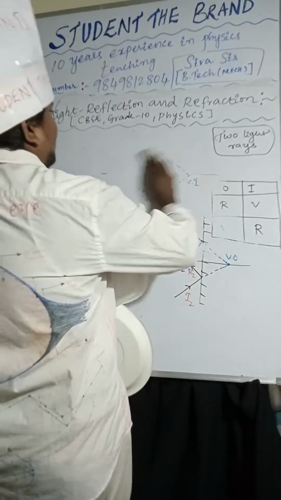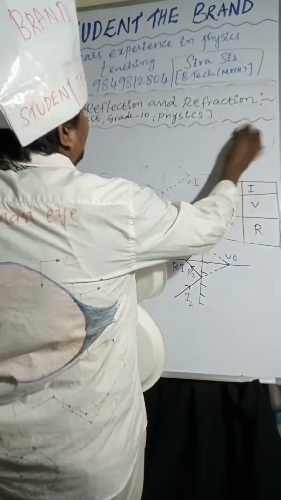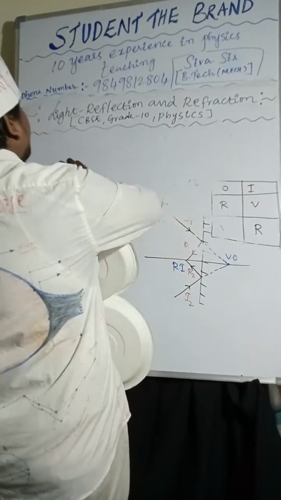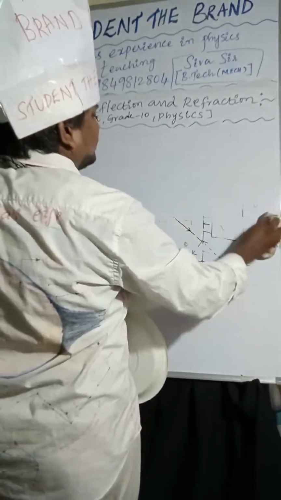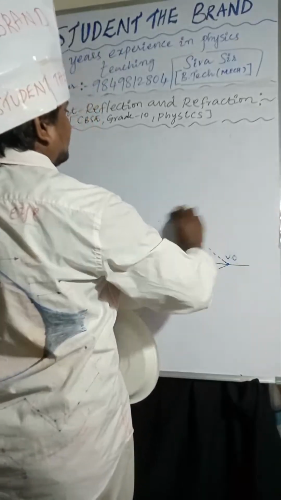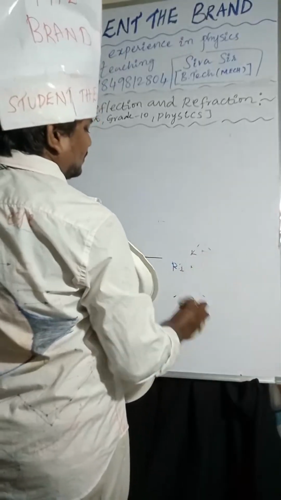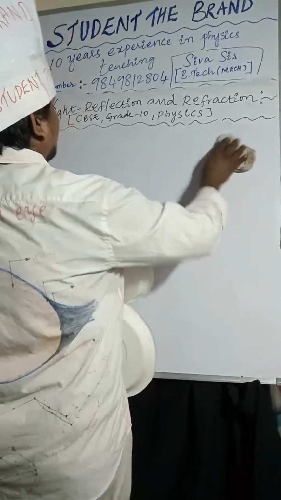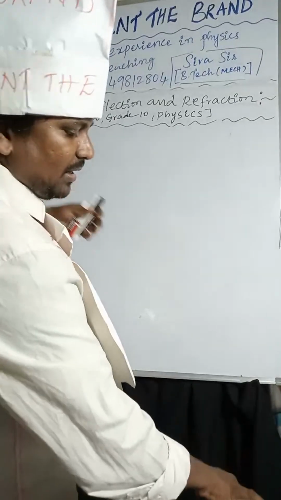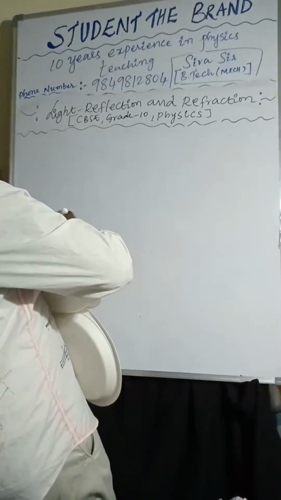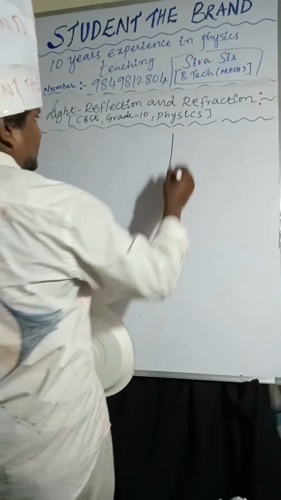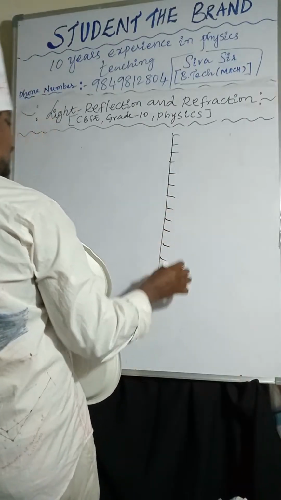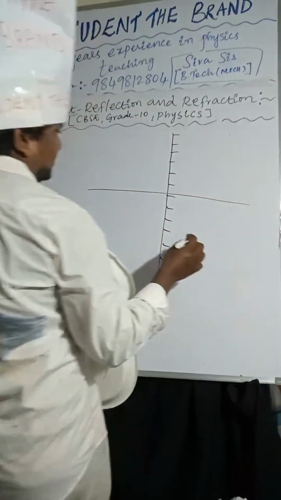So when the object you are taking, here consider, if the object is real. This is a plane mirror I'm taking, and the principal axis.